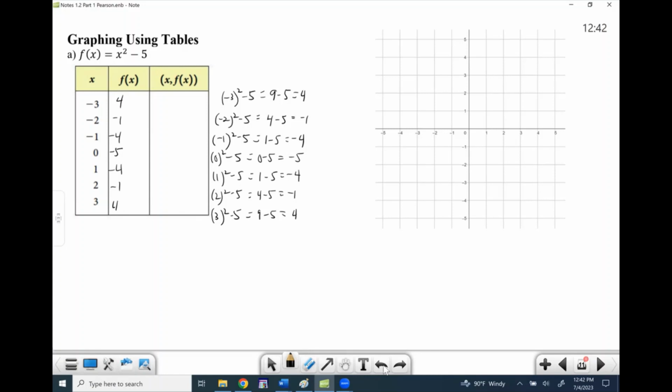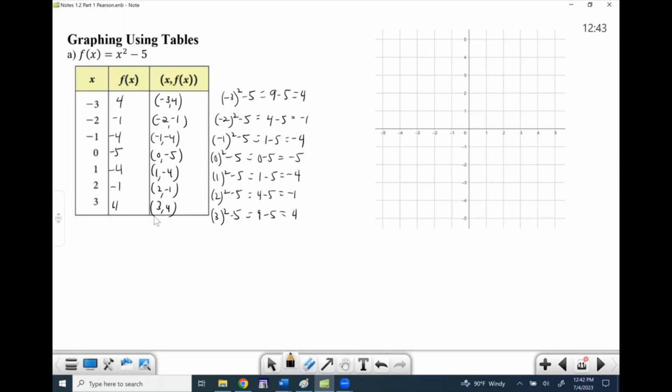Okay, so we have to graph the ordered pairs, negative 3, 4, negative 2, negative 1, negative 1, negative 4, 0, negative 5, 1, negative 4, 2, negative 1, and 3, positive 4. So let's go graph these, okay?